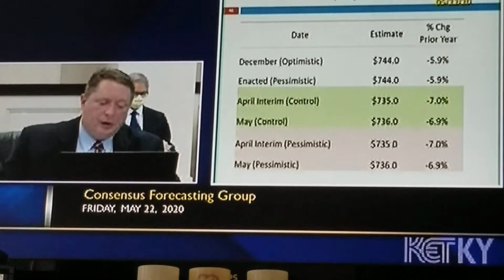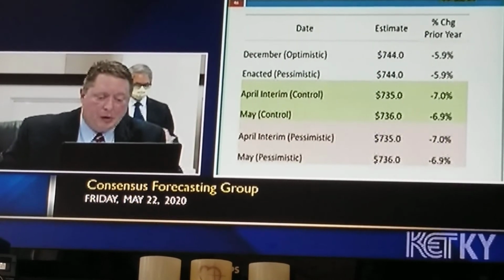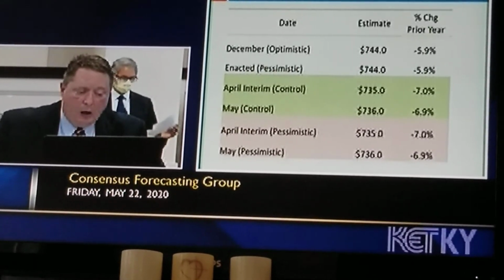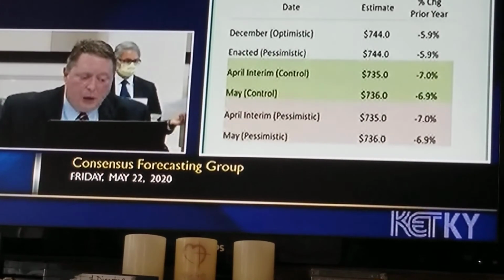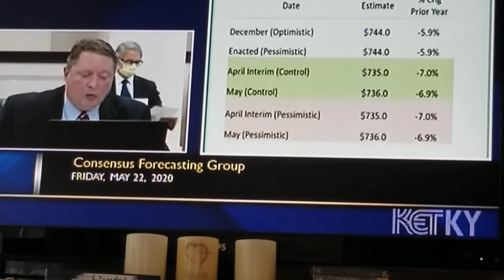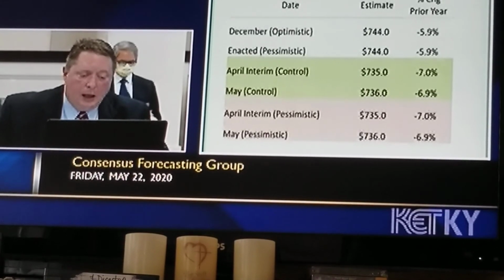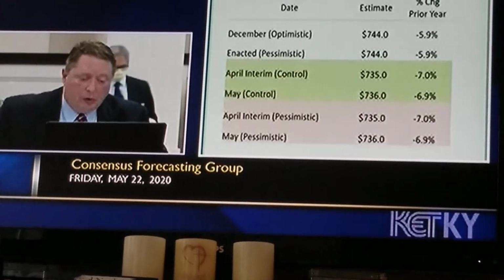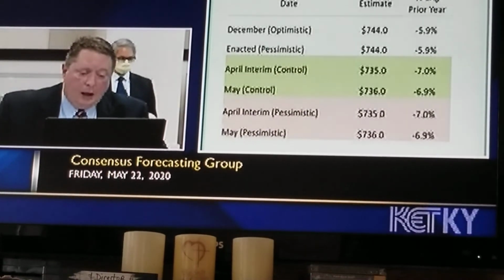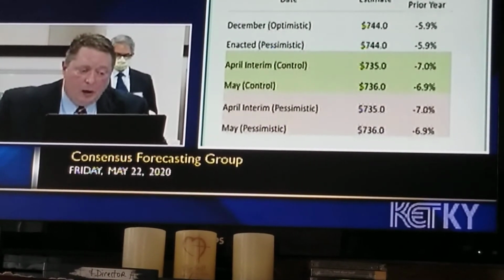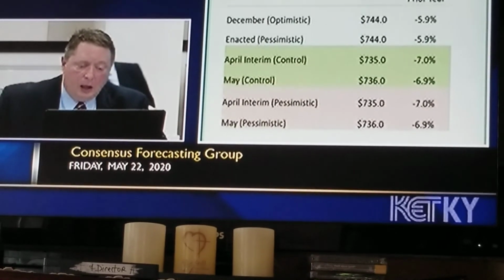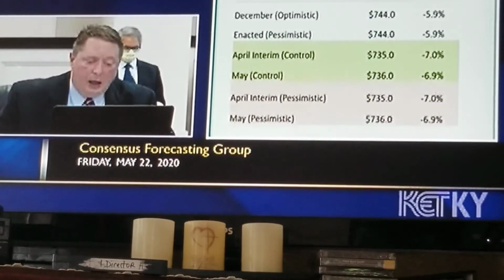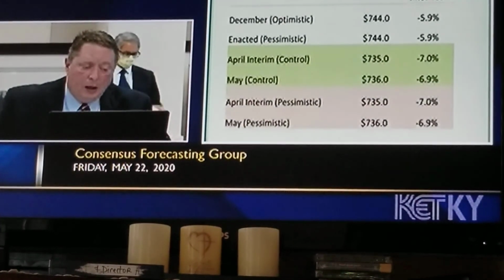Miscellaneous taxes: a lot of action in miscellaneous taxes, but as you can see from the green and the pink area, not much difference between April and May. I did go through every single account in the miscellaneous ledger to look for changes. I will say that it is down from the enacted estimate, anywhere from $8 to $9 million down.